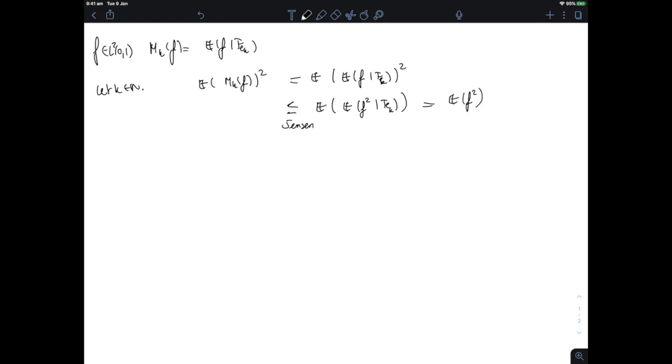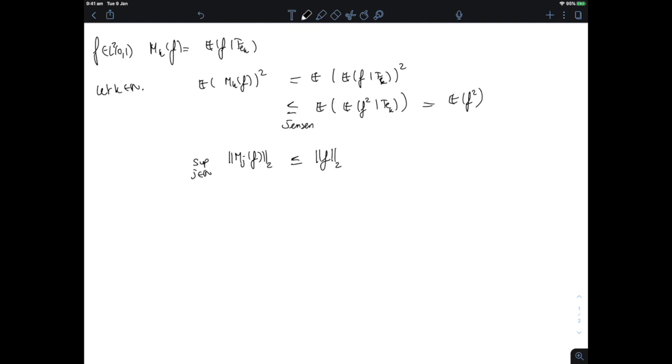Notice that this tells me that if I take the supremum over all j and n of the L2 norm of mjf, this would have to be smaller by this reasoning to the L2 norm of f. So mkf stays in L2, and in fact it's uniformly in L2, which is going to be very helpful to apply Doob's martingale convergence theorem and get 4.